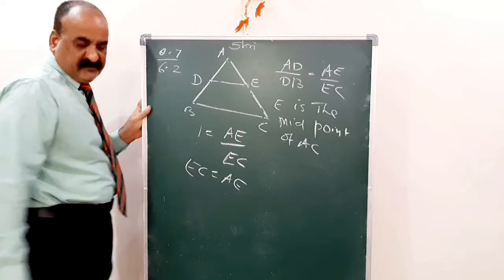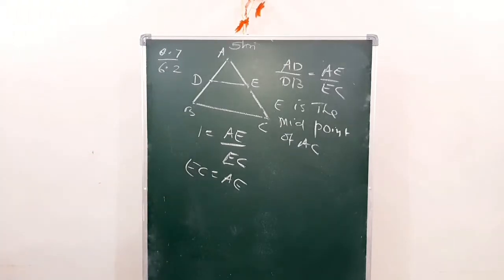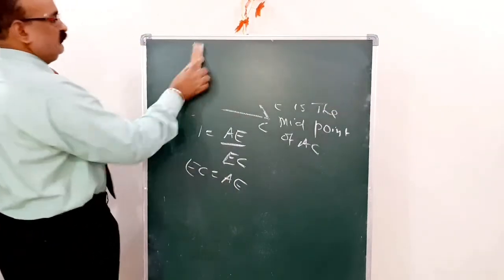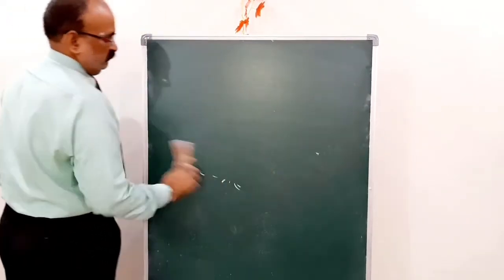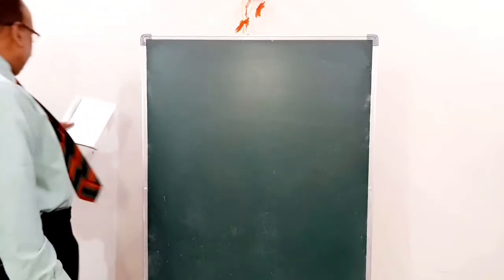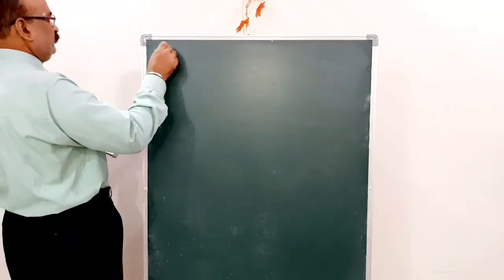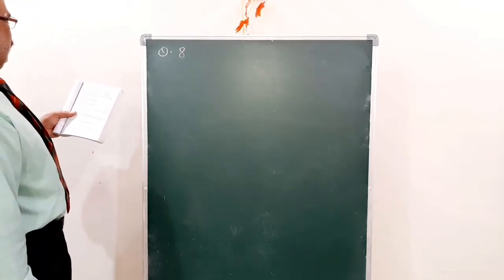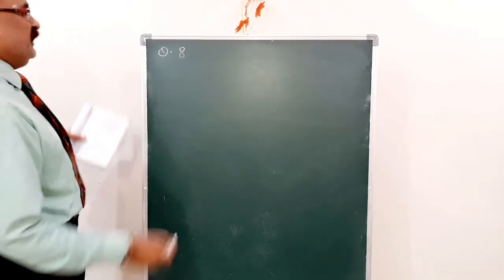Now question number 8. Prove that a line joining the midpoint of any two sides of a triangle is parallel to the third side.